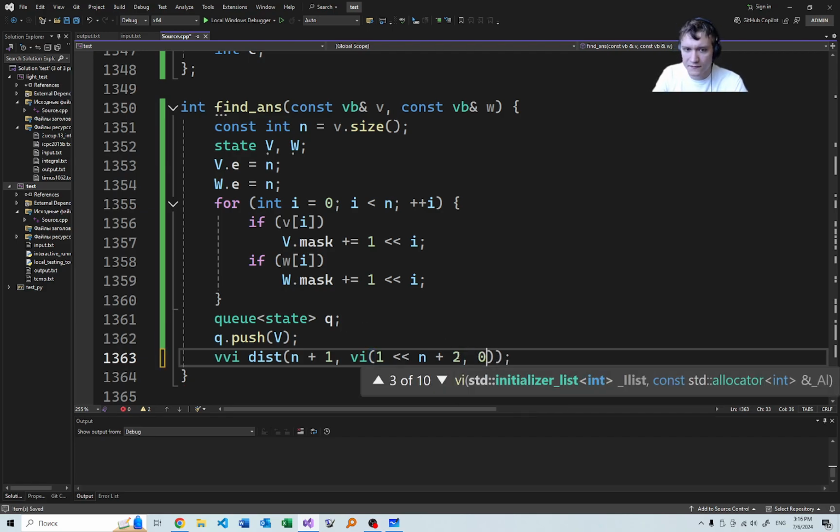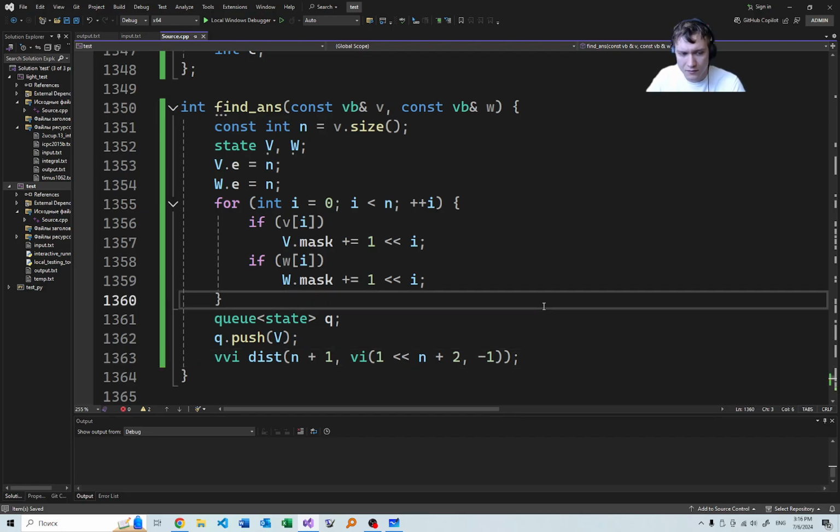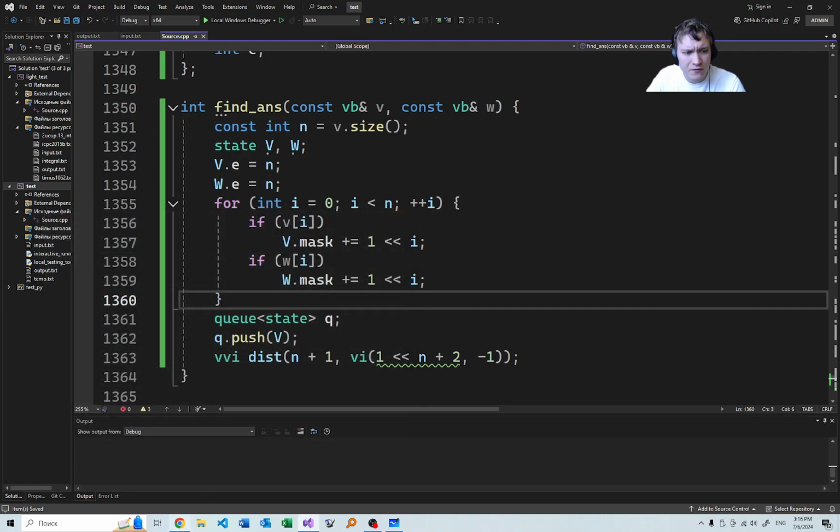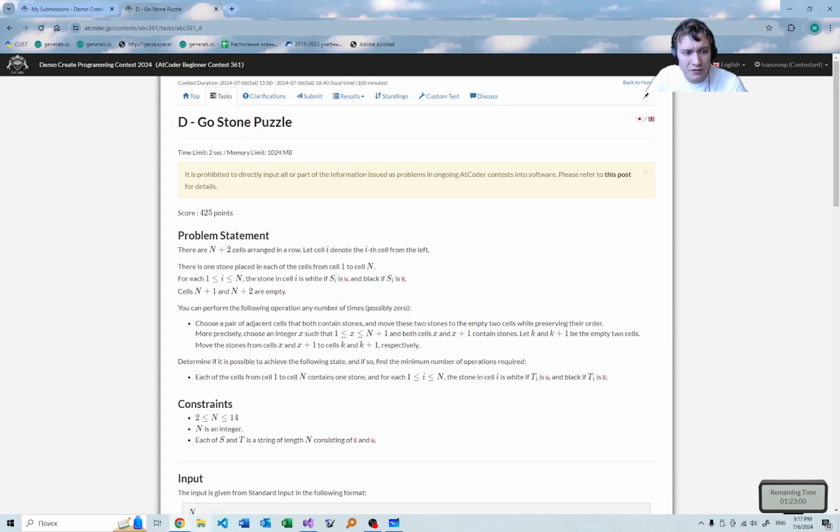Initially it's filled with minus ones. So I have like a million integers. This is 4 megabytes, which is fine.